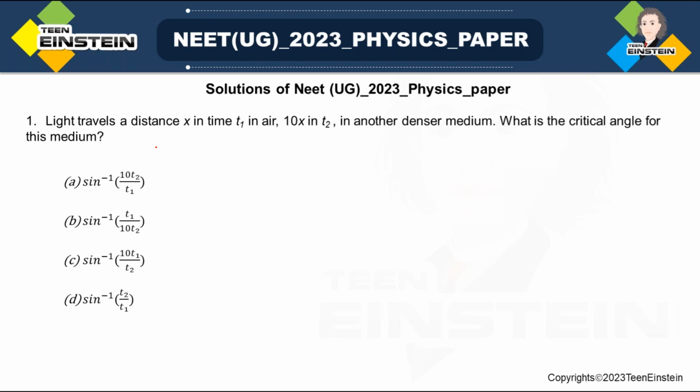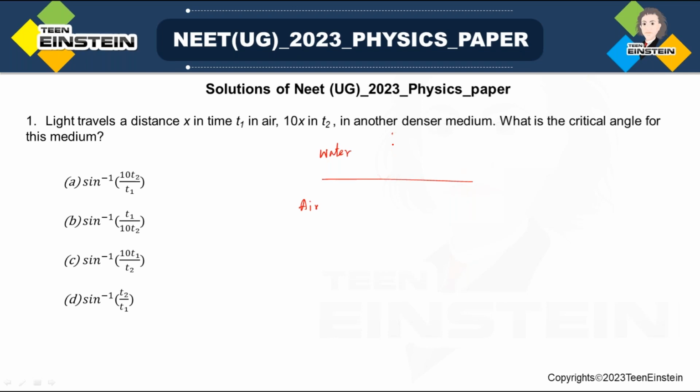So the first question says, light travels a distance x in time t1 in air, 10x in t2 in another denser medium. What is the critical angle of the medium? That means, if I have a rarer medium here, suppose air, and this is water.